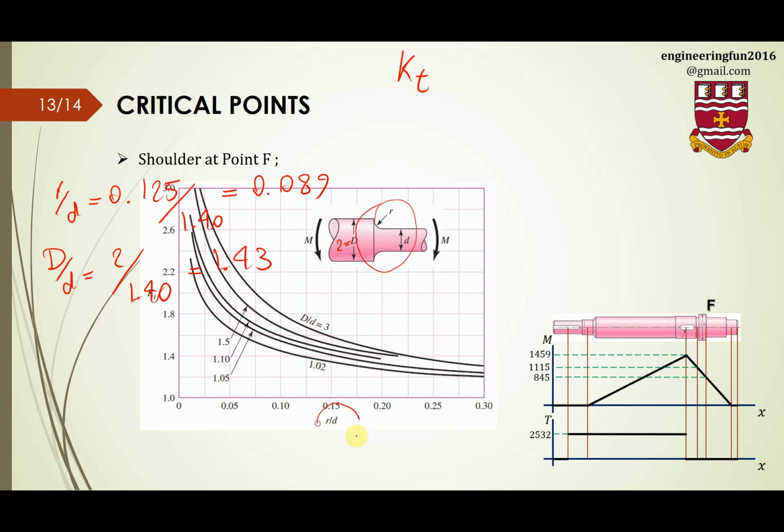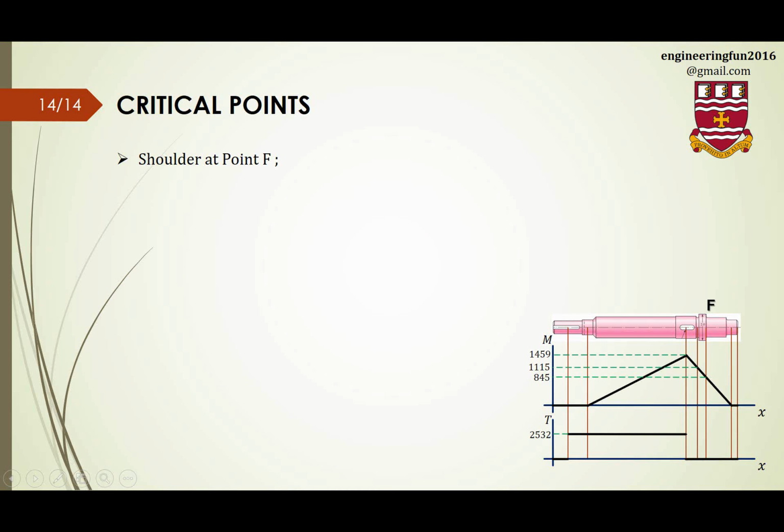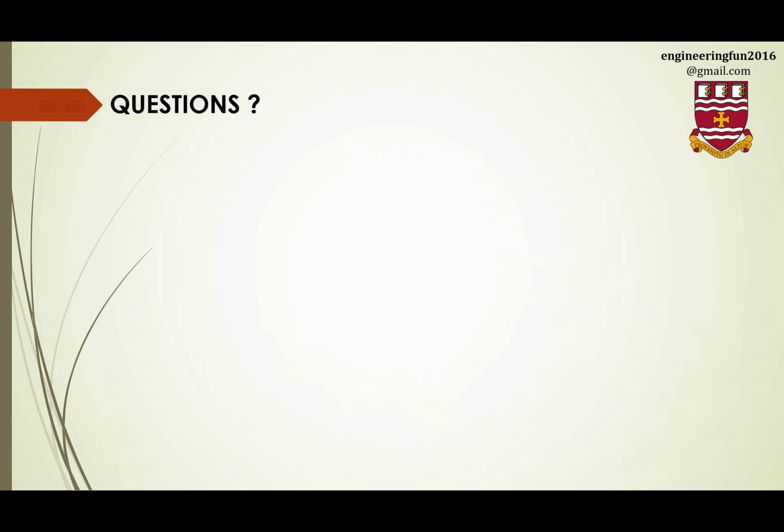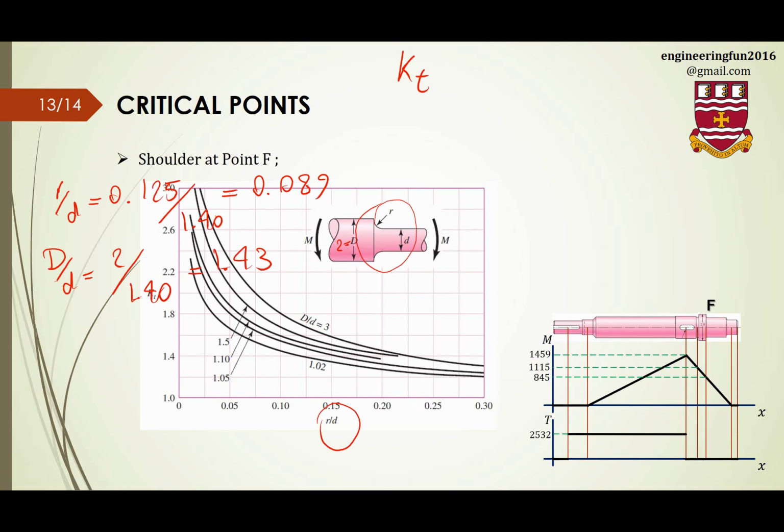R over D is 0.089, so I am somewhere here, for example. I am here. D over D is 1.43, so if it is 1.5, I am almost at this one.